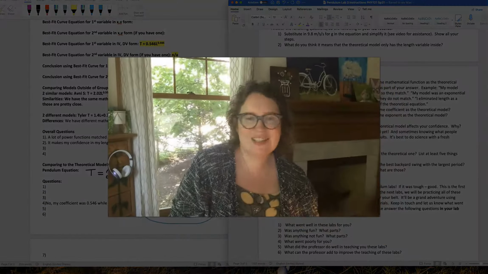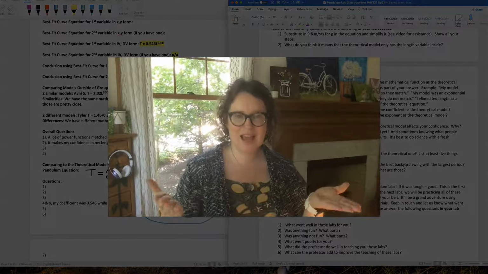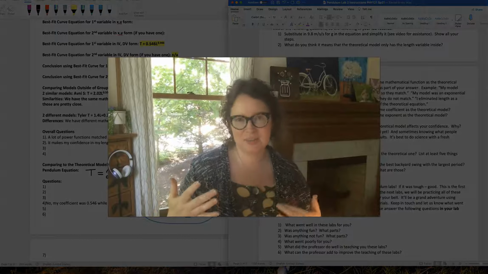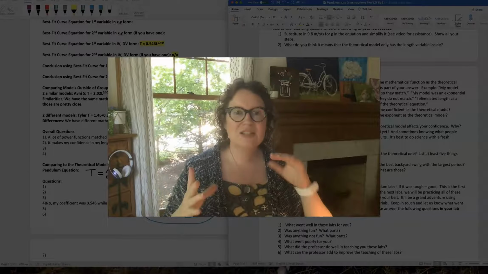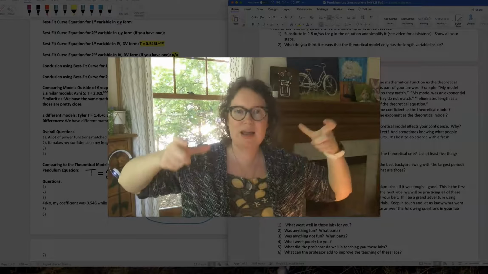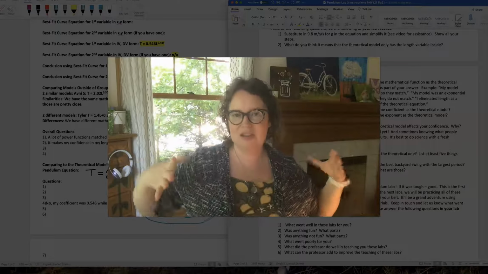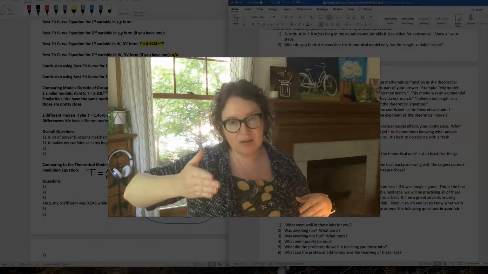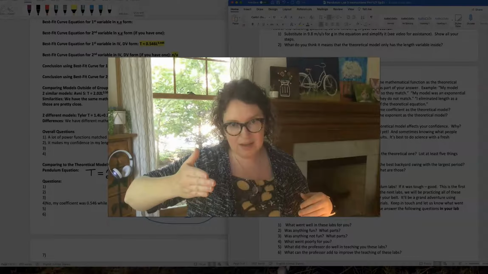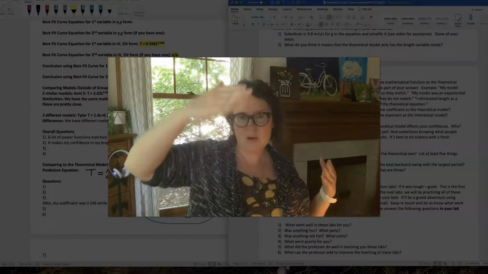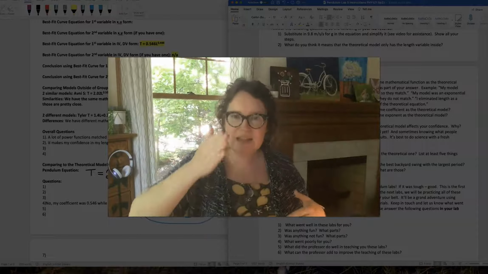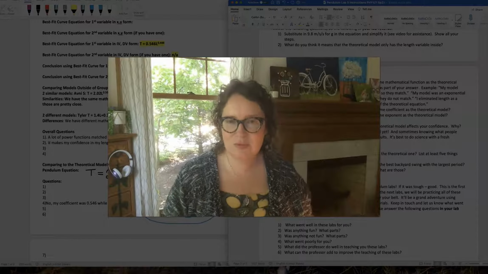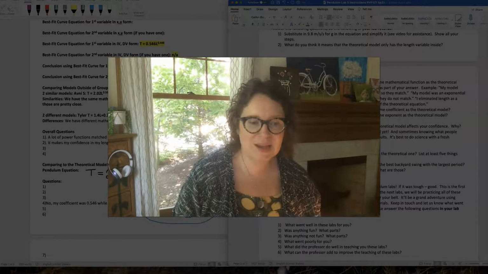This question is just kind of fun. It puts it in an everyday context. Like if you were actually building a swing, what matters? Do you have to worry about how heavy the board is that you're going to sit on? Do you have to worry about how long the rope is? Do you have to worry about what angles the thing can swing at? Are those things you need to worry about or not? So that's my very last question.